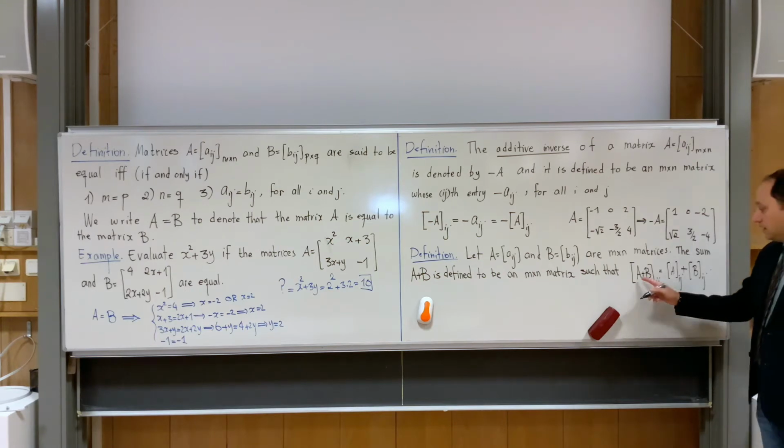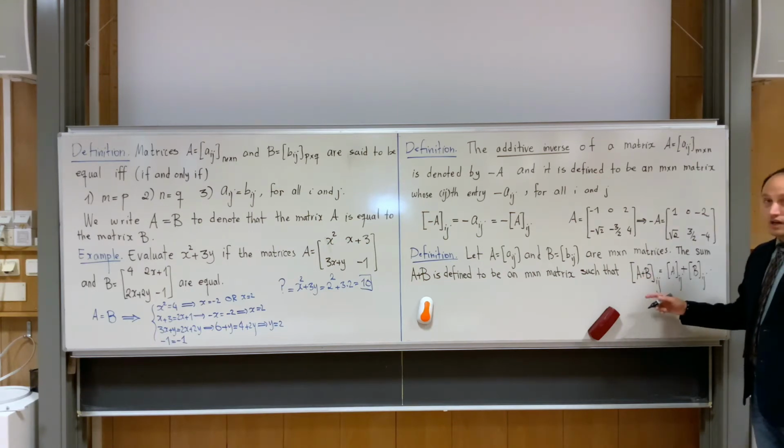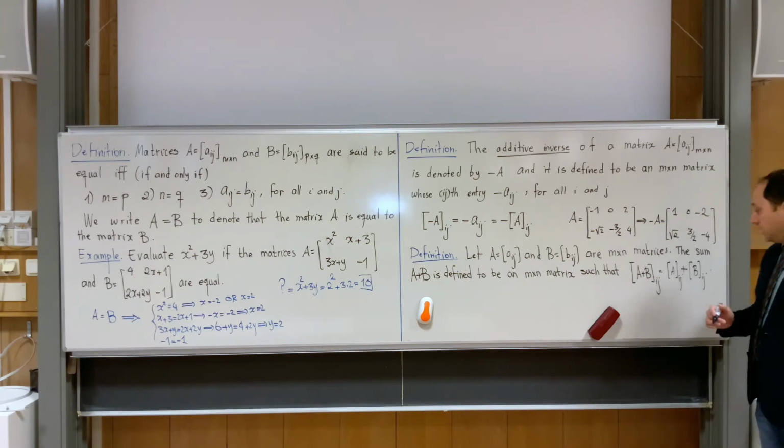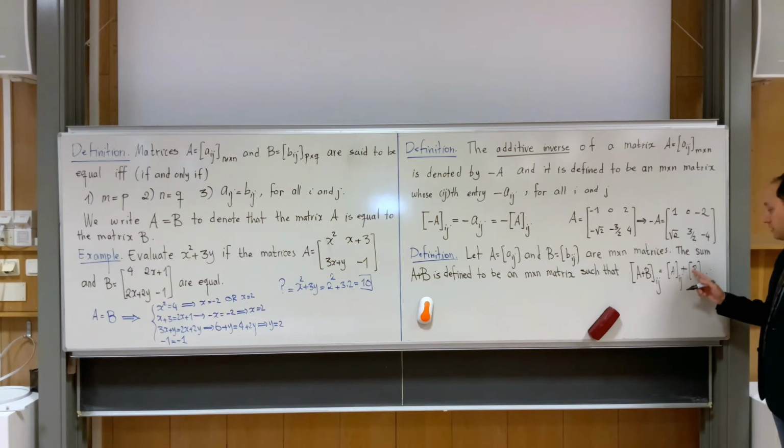Here I am adding two matrices, two blocks of numbers together, and here I am adding just two entries. So these are numbers. This means that the definition of the addition of two matrices is related to the definition of addition of numbers.